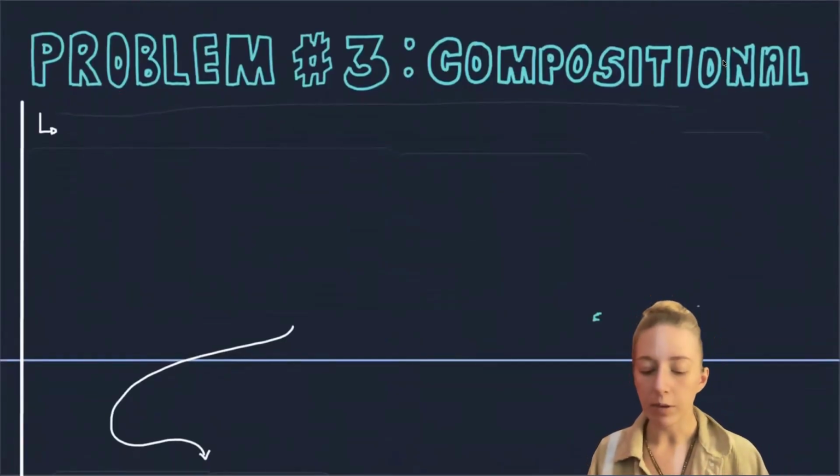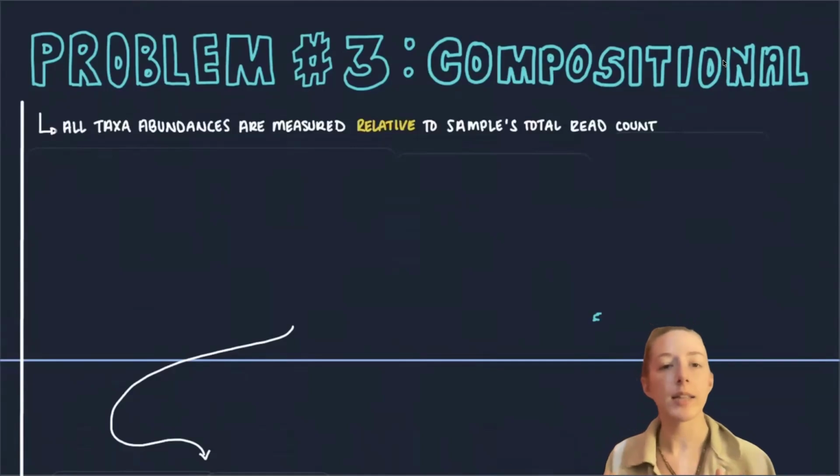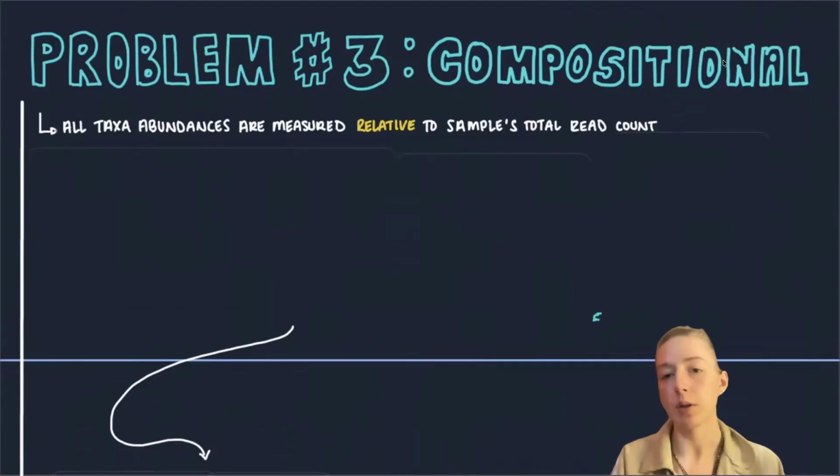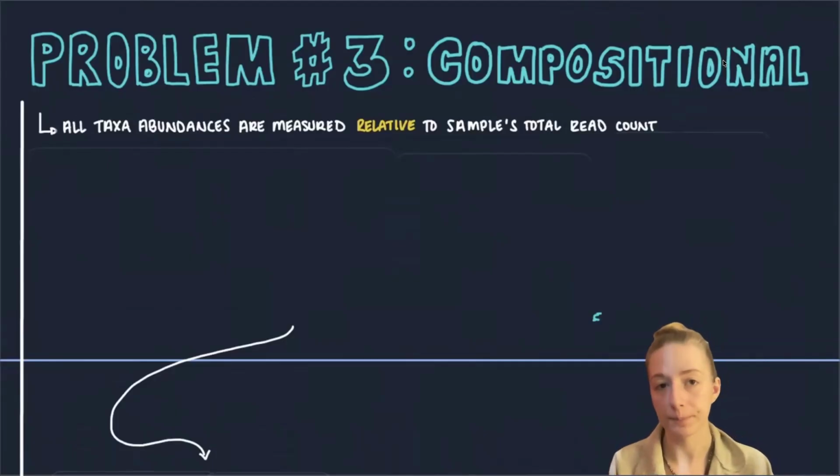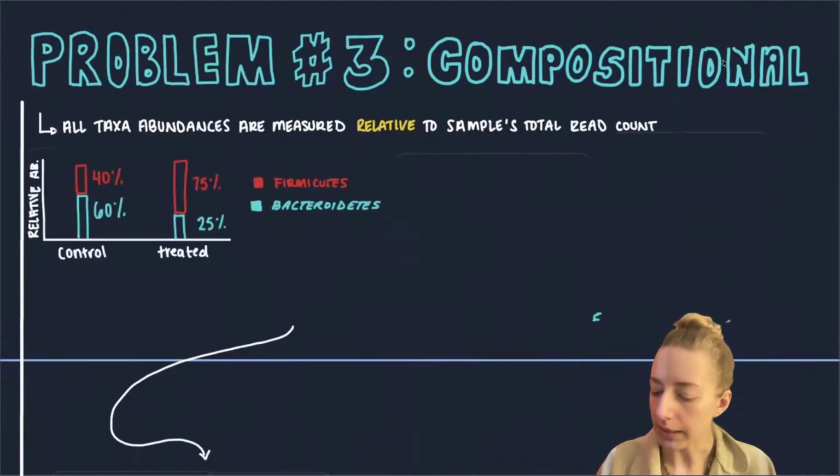This has been discussed previously, but basically all taxa abundances are measured relative to your sample's total read count. So scale is lost.